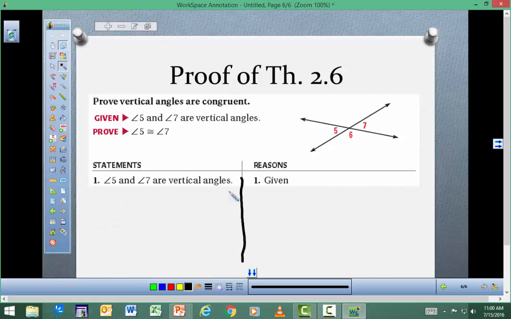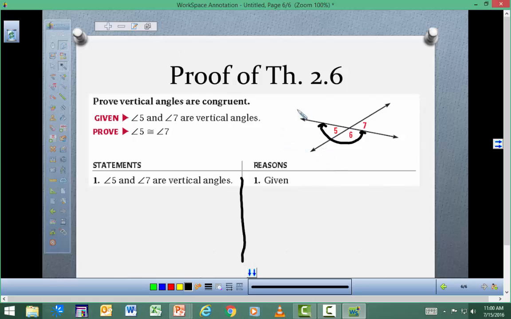Alright, but like I said before, let's use the diagram to see what we have here. Notice what we have here. We have a linear pair right here.